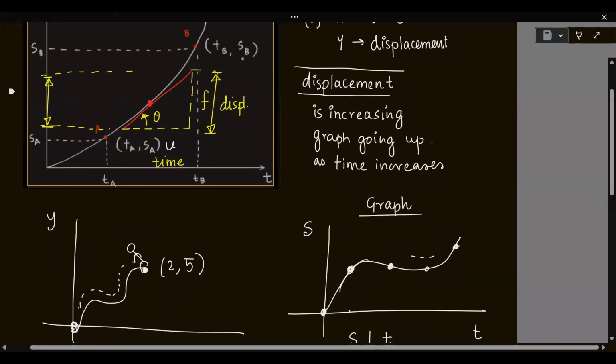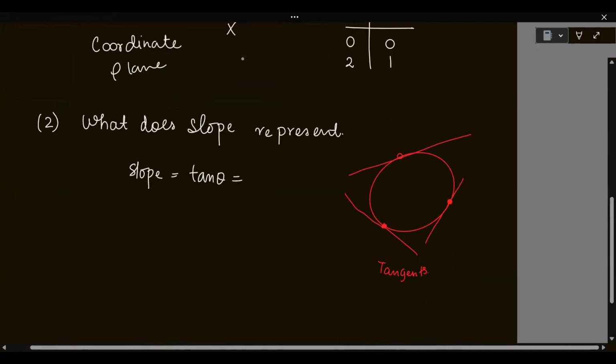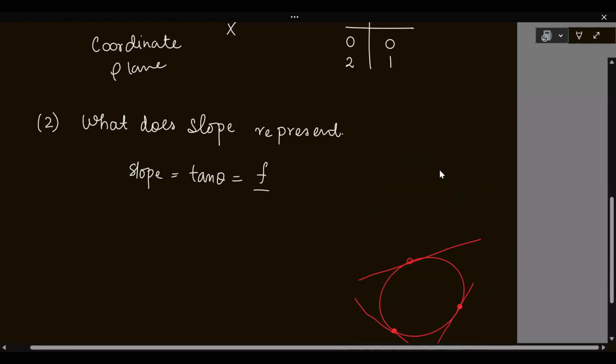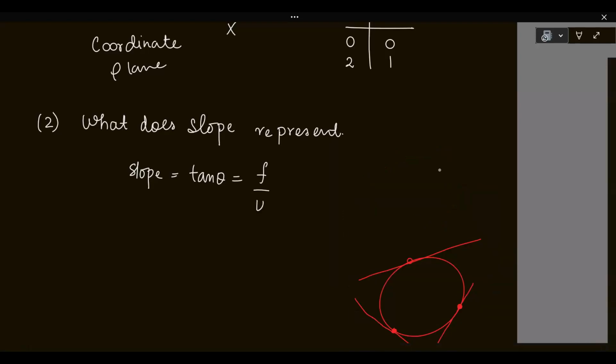The opposite is F, the displacement, adjacent is U. I'll keep the tangent. So F by U. F is displacement and U is time. So tell me a physical quantity that is displacement by time. So it's velocity.